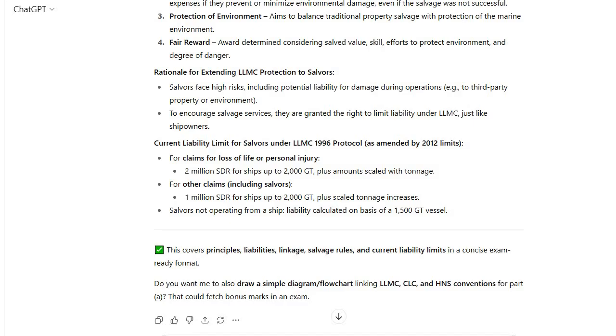For claims for loss of life or personal injuries, 2 million SDR for ships up to 2000 gross tonnage plus an amount scaled with tonnage. For other claims, 1 million SDR for ships up to 2000 gross tonnage plus scaled tonnage increases. For salvors not operating from a ship, liability is calculated on the basis of 1500 gross tonnage.